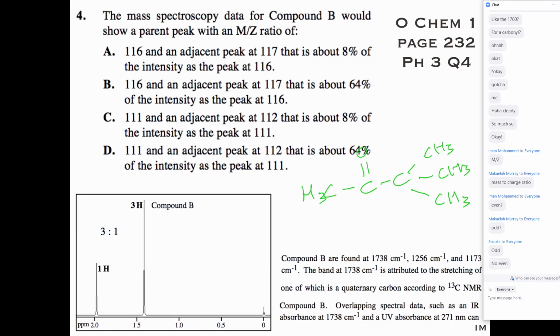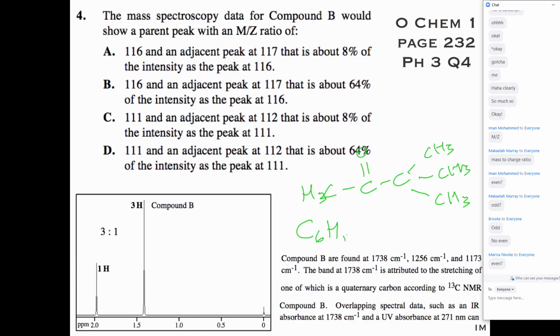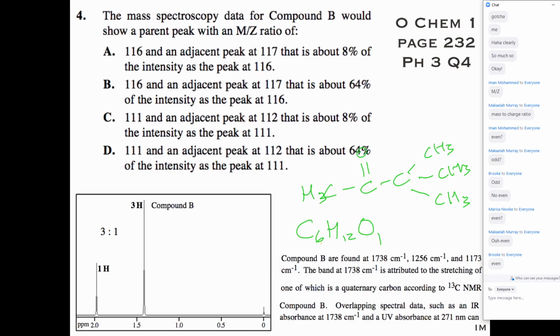So let's see, 5 carbons, 6 carbons, H12O1. Even number, 12 times 1, even number, even number. So the mass is going to be an even number. Okay. What is interesting is what the heck would cause it to be slightly heavier?